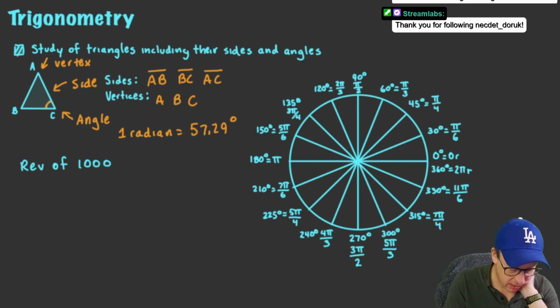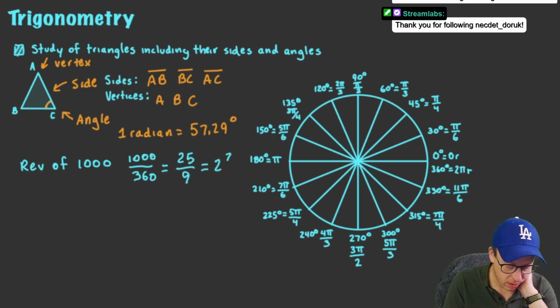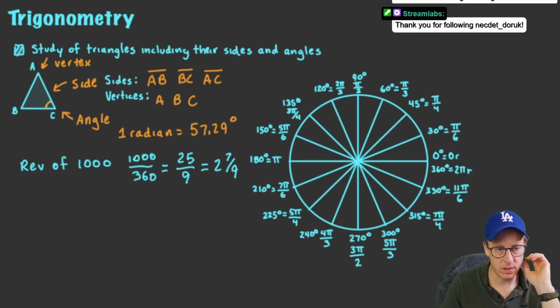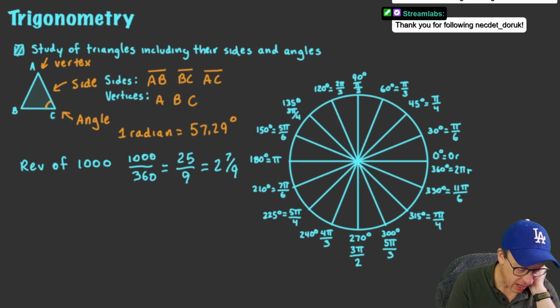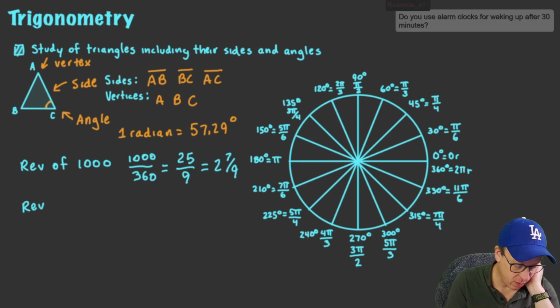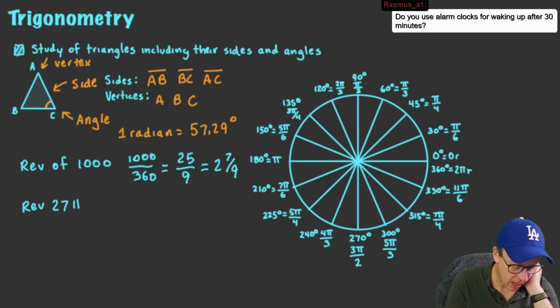All we need to do is divide 1,000 by 360, and that is exactly 25 over 9, which is 2 and 7/9 revolutions.